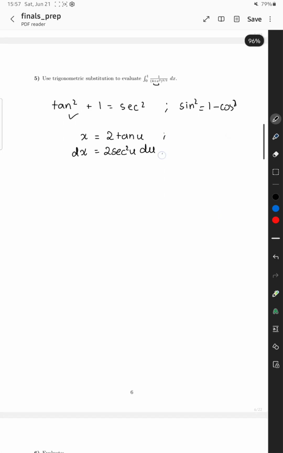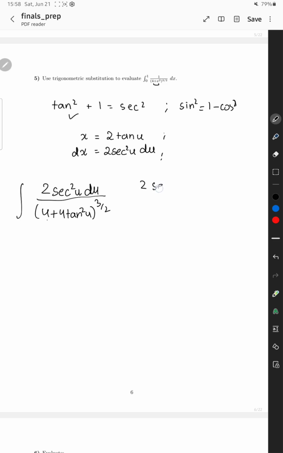Okay, so the limits have to change as well, but let's just do this. 4 plus 4 tan square u to the power 3 by 2, and now dx is actually 2 secant square u du. Now when you take the 4 common, the 4 would have a power of 3 by 2.